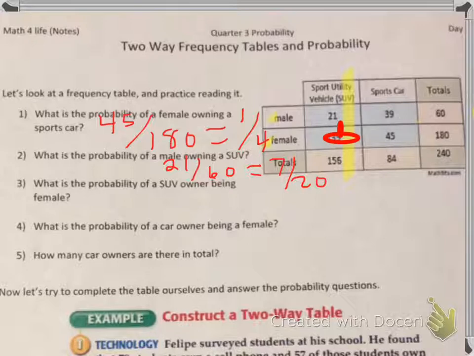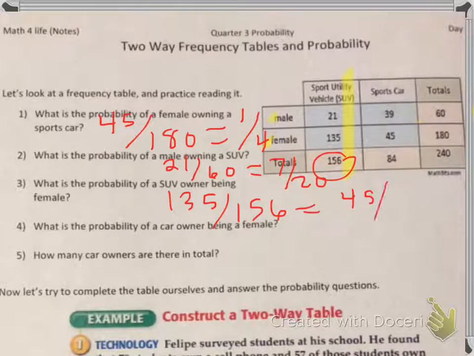So the probability of an SUV owner being female is 135 out of the total SUV owners, which is 156. You can punch that on your calculator really fast to see if it will reduce. If you do 135 over 156, it reduces to 45 over 52. So 45 over 52 would be your solution.